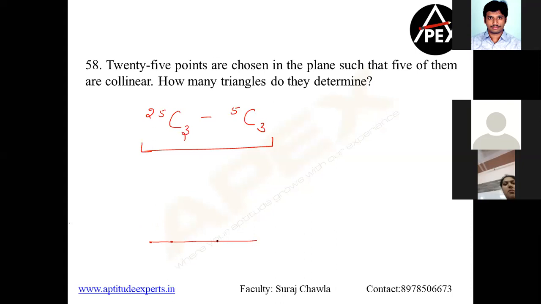Okay? Let's say these are my 5 points. So 1, 2, 3, let's say 4 and 5. And there are 20 points here.